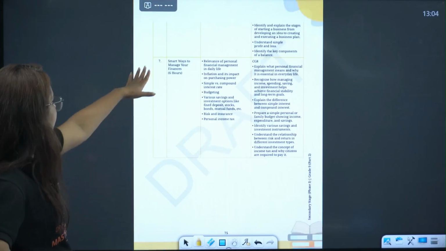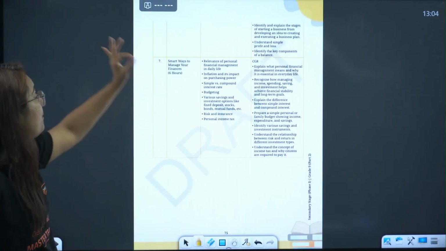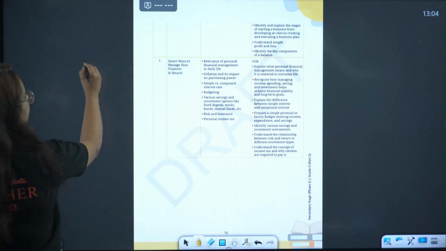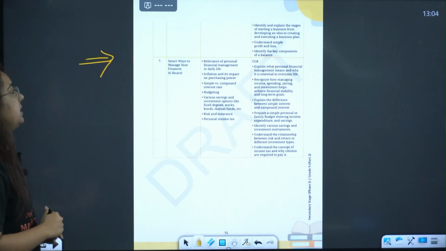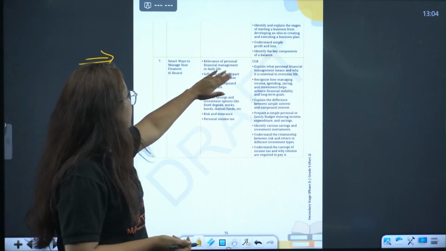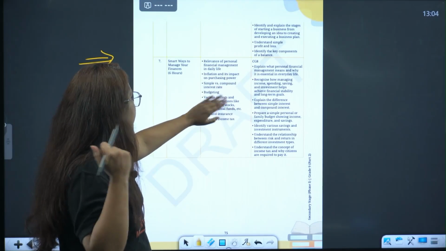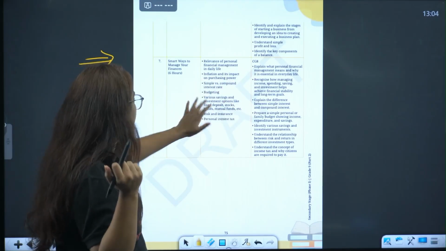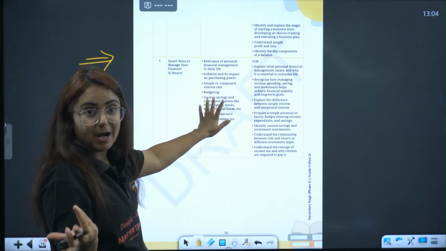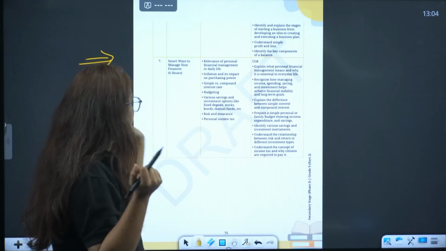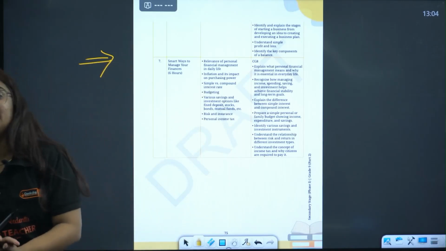Next is number 7, that is Smart Ways to Manage Your Finances. Wow, that's great. Relevance of personal financial management in daily life, inflation and its impact. Very good. Simple versus compound interest rate, budgeting, risk and insurance, personal income tax. Why?